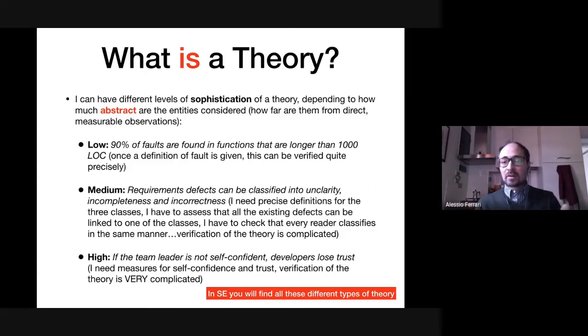were speaking about up to now, unavoidably implies that verification of this theory is much more difficult, especially precise verification. In software engineering, you find all these different types of theories. You have to consider that you will meet all these different granularities.